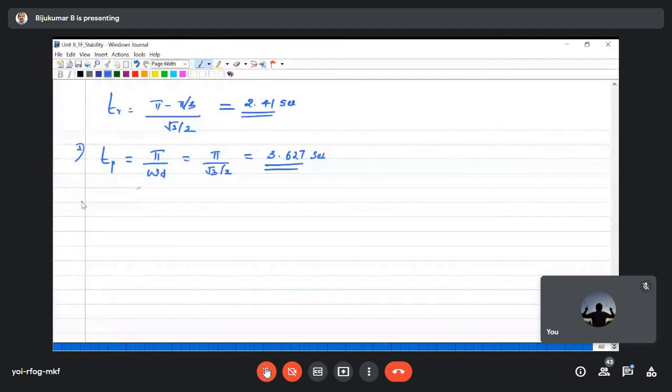What is Mp? Percentage overshoot. How will you find it? It is e to the power of minus zeta pi by root of 1 minus zeta square, times 100. You substitute the values, because zeta we know is 0.5. So minus 0.5 pi divided by root of 1 minus 0.25.